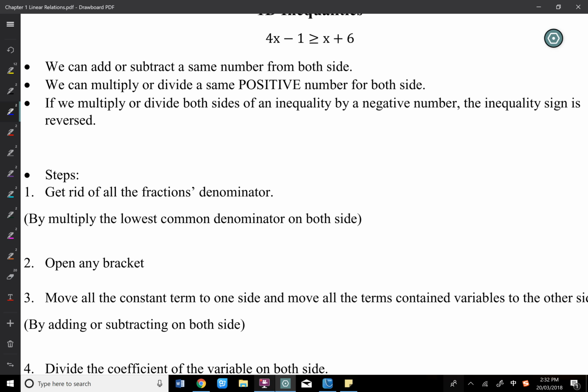When you take some weight off both sides, you still maintain the same balance. When you multiply, for example, 3 is heavier than 1. When you times 3 on both sides, 9 is still heavier than 3. So when you times a positive number, you still maintain this balance.